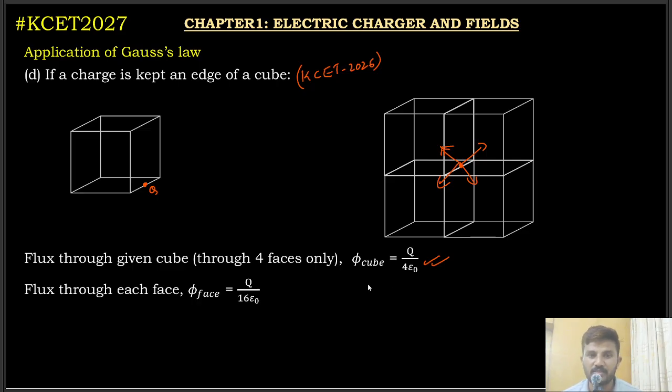But what about the faces? Here you should not consider two faces. This one don't consider and this one don't consider, because flux is parallel to those two surfaces. Remaining how many surfaces will be there? 4 surfaces or 4 faces. So divide this again by 4, you will get 4 4s are 16, that is the flux through the face is q by 16 epsilon naught. Clear?